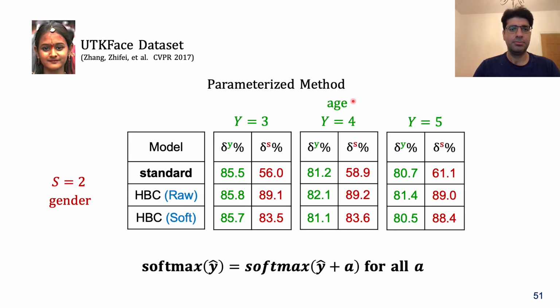This experiment is about age as the target task and gender as the sensitive attribute. And we compare releasing the softmax output instead of the raw output. One can say maybe releasing a softmax transformation could be safer. However, we observe that there is not much difference between releasing the raw output or releasing the softmax output, especially when the number of classes for the target task is getting higher and higher.